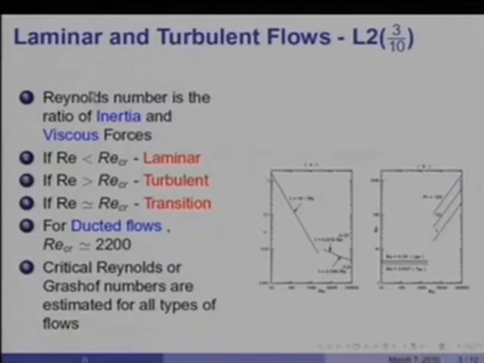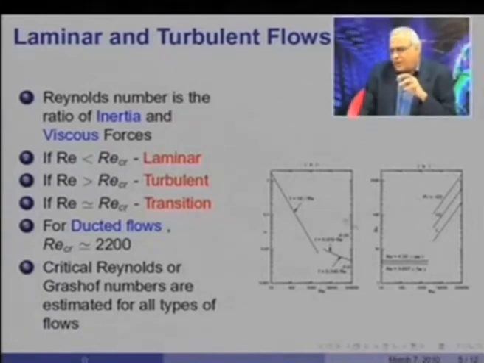So, laminar and turbulent flows as well as the transitional flows are important classifications from the point of view of convective heat transfer. In fact, many of our equipments are deliberately run in the transitional Reynolds number range, simply because it is in this range that there is a very sudden increase in heat transfer rate.